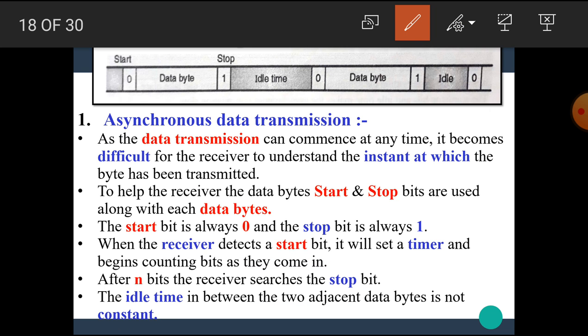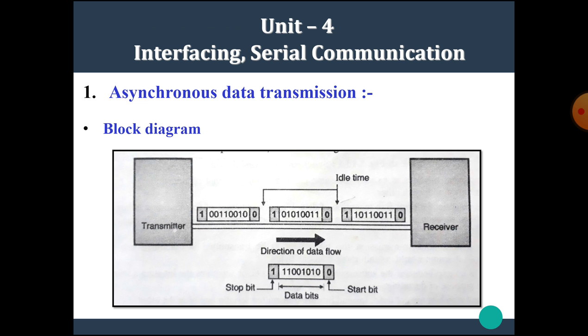That means if we have 8-bit data and the transmitter transmits its data towards the receiver, the receiver first accepts the start bit, the first 0. Then the receiver starts counting, and after counting 8 bits, the receiver searches for the stop bit, that means the last 1. This type of transmission happens in asynchronous data transmission.